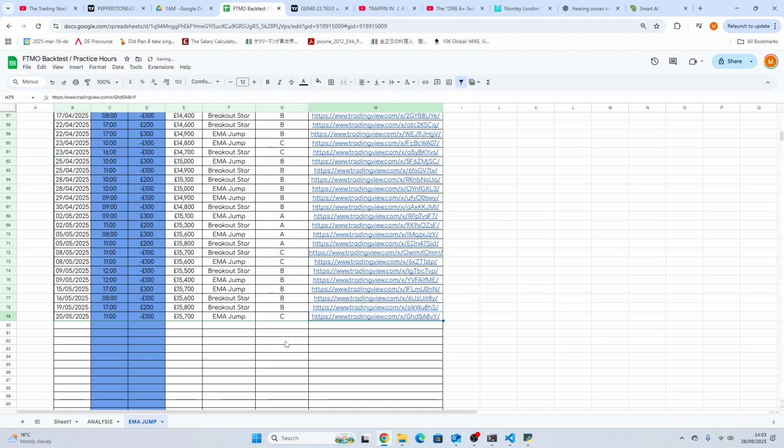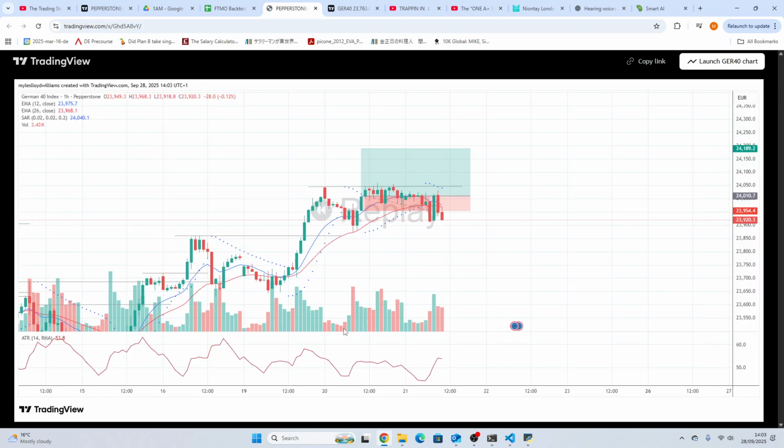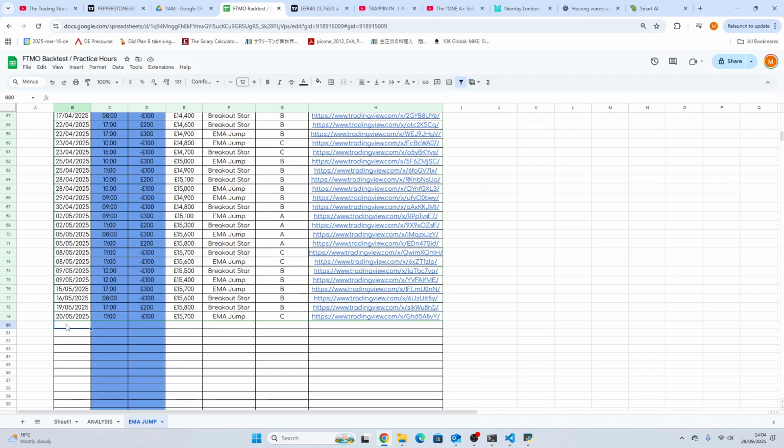I'm confident that this is a C trade. And I have reasons why it's a C trade. I'm not just saying it's a C trade because I feel like it. I'm saying it because of actual reasons. I actually have arguments to back up my points. I'm being rational.